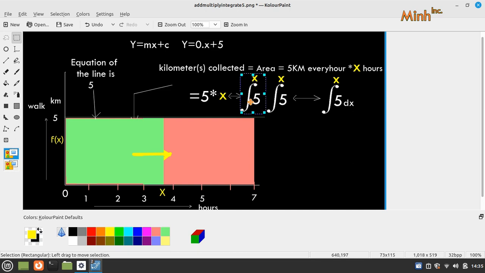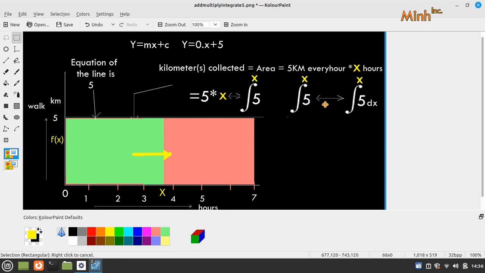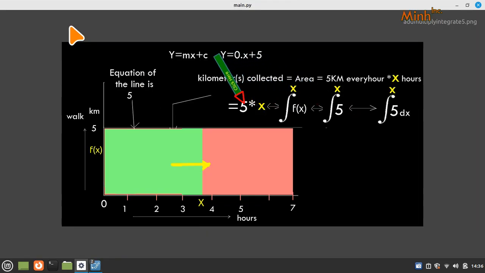Now I can write here. Can we see that 5 into x, so 5 is f(x) and this is x.